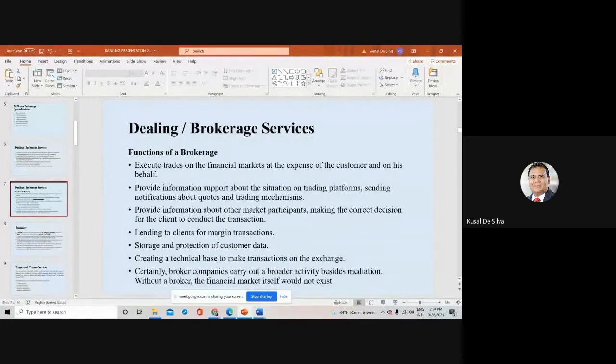So the broker plays a pivotal, critical role in the financial market to connect both the buyer and the seller, advise them, give them professional advice, and make the financial market active and volatile due to the involvement of broker services.